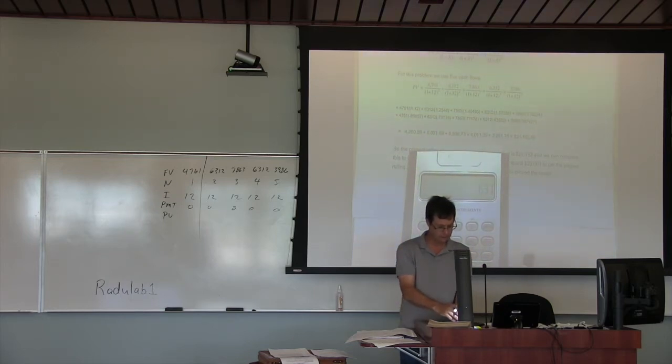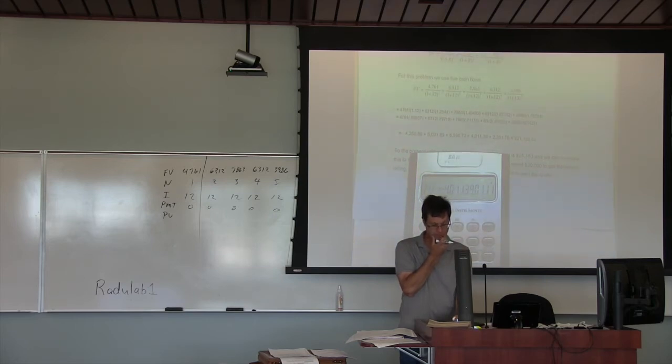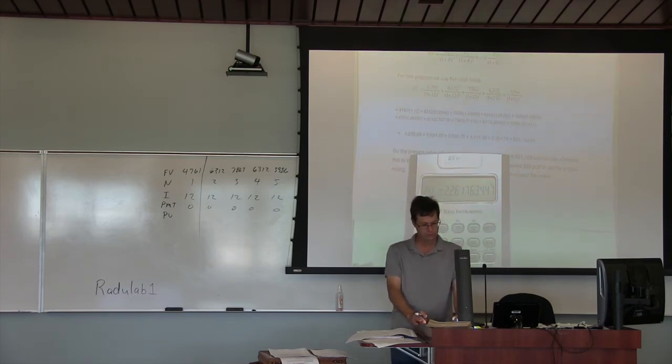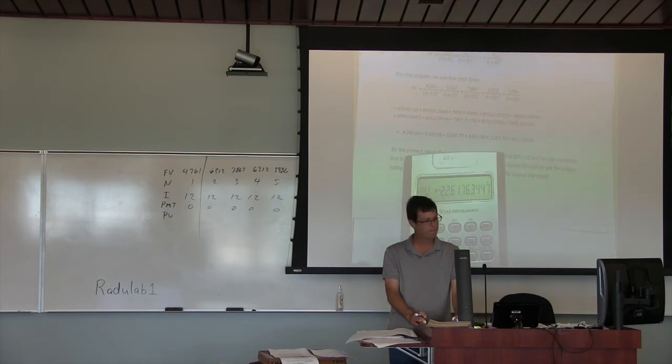The next 6312, discounted back for 4 years, is 4,011.39. And then finally the 3986, discounting back for N of 5 years, compute PV, 2261.76. So with the financial calculator, you can knock this stuff out really quickly.